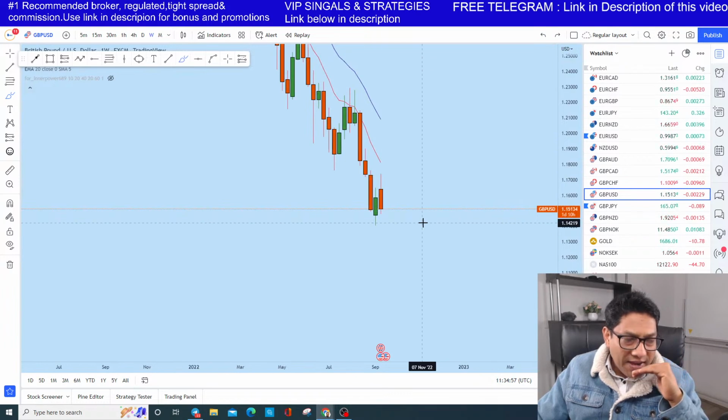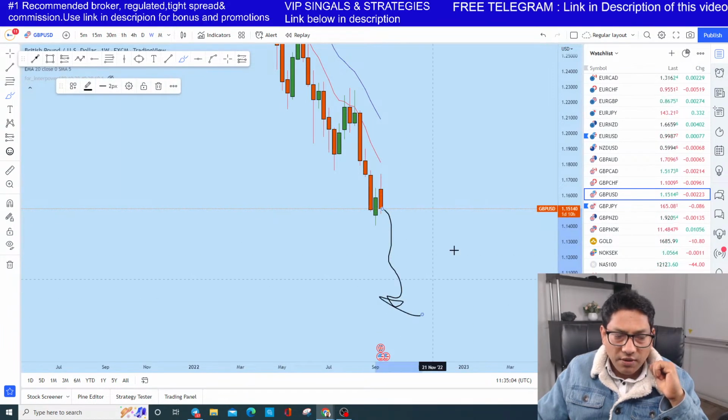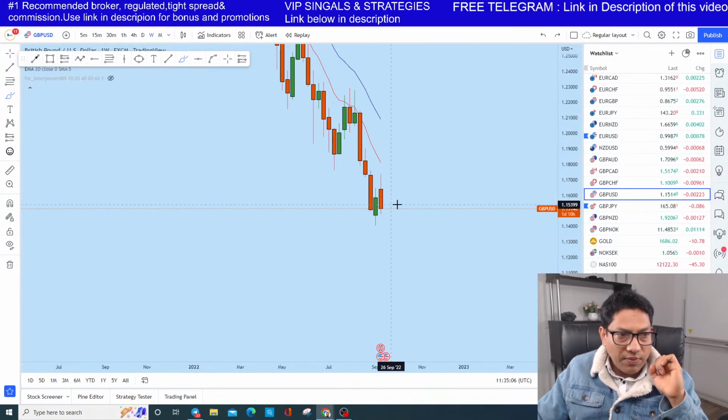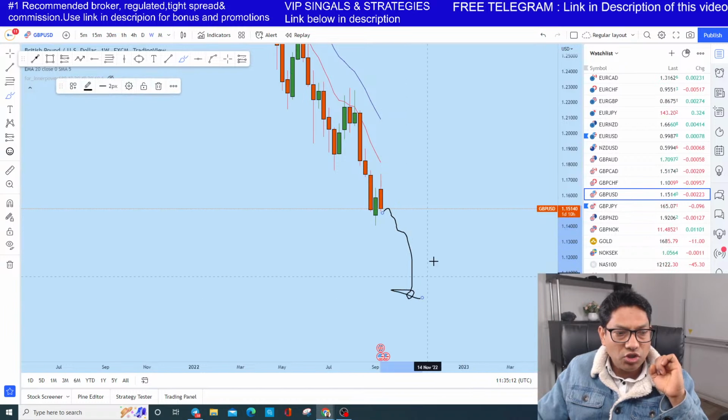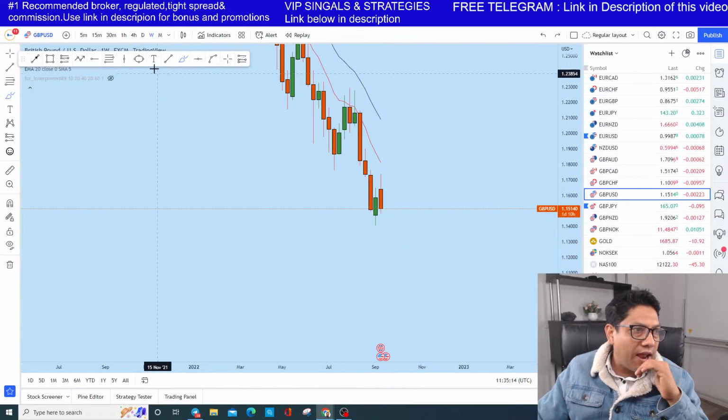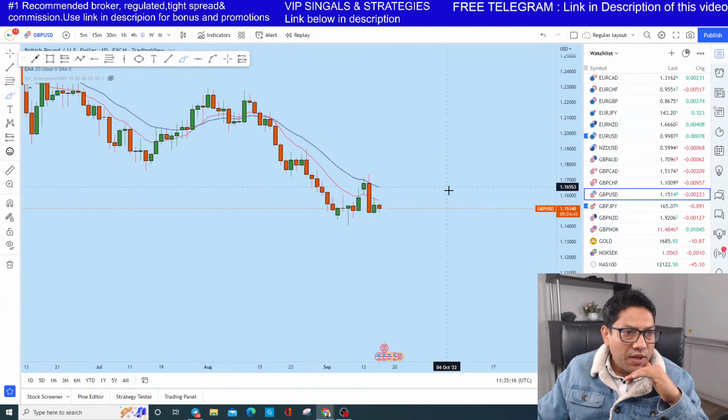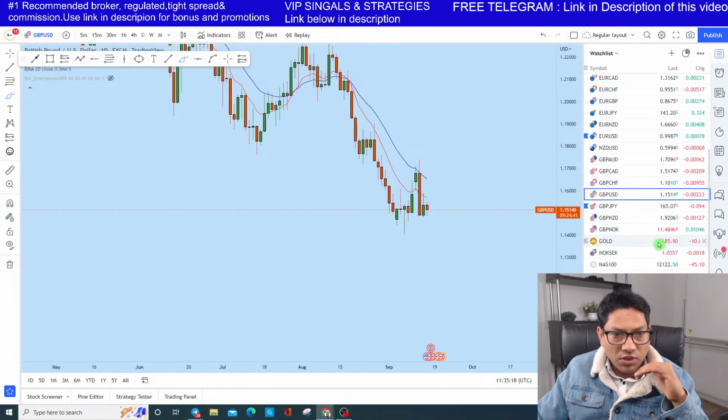Now what I think is that British pound US dollar may not drop further from here. It could even close the weekly candle, something like that, and then from this zone we could see a very strong move.